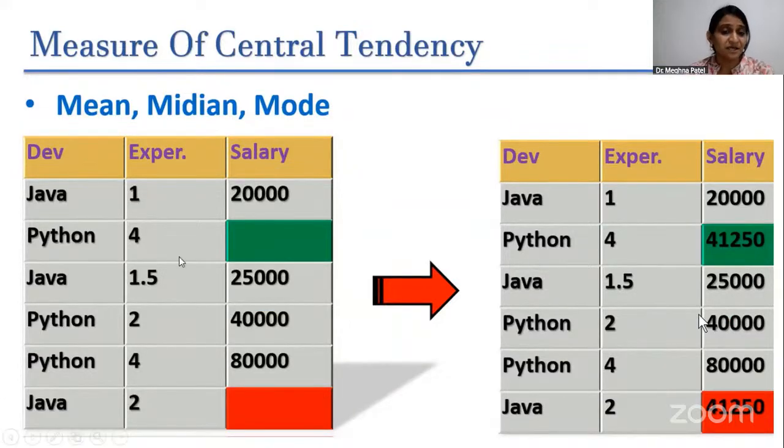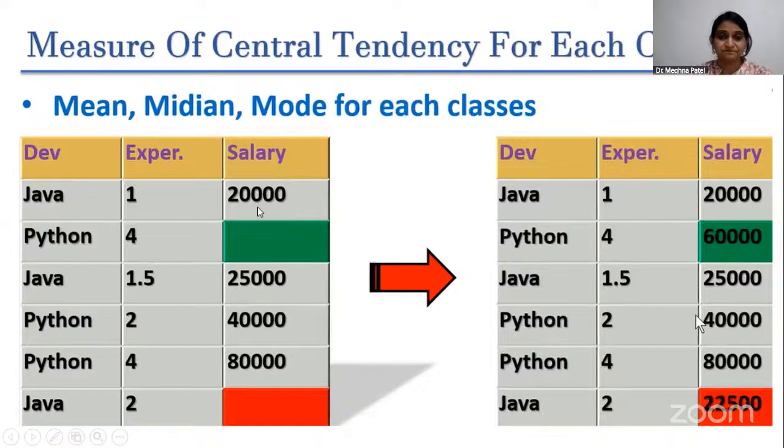Take the average of the values which are available and fill the missing value with the mean value. You can fill the data with the median also. When you are working with numerical data, then you can go with the mean and median, and when you are working with categorical data, then you have to use the mode.